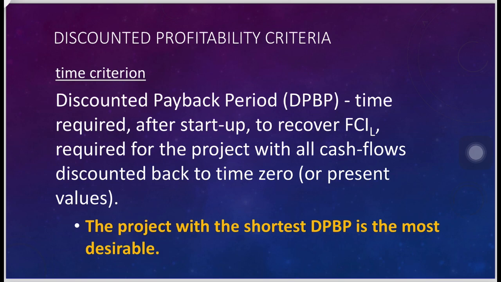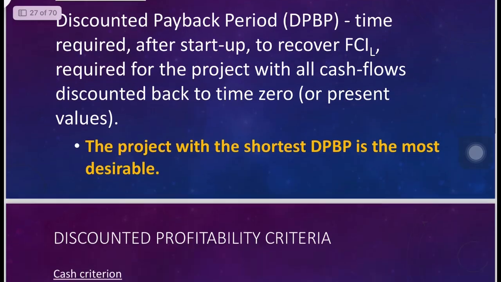So in the discounted payback period, you have to bring all the cash flows back to time zero. The project with the shortest DPBP is the most desirable. Okay, so the shorter the payback period, the better.